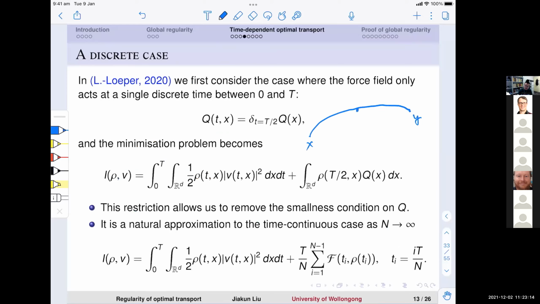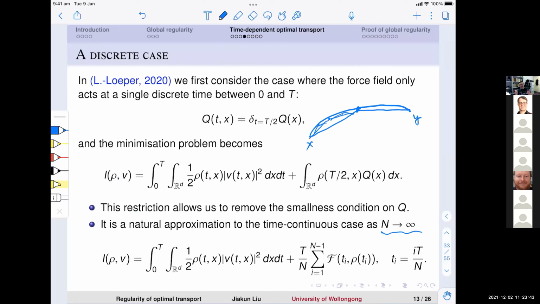If the force only happens somewhere in the middle, we actually have two segments. Our motivation is that as long as you can handle the middle time situation, then you can consider more approximations. So when n goes to infinity, our motivation is to use the discrete case to approximate the smooth case.